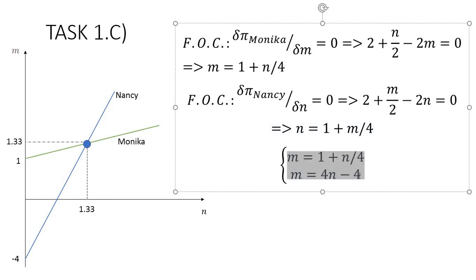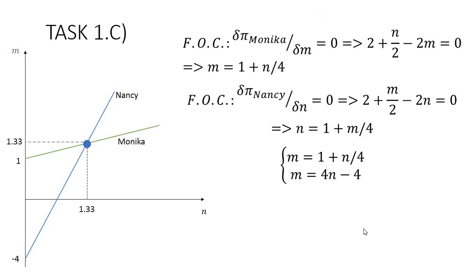Okay, this second function out of this function. I just put it in this way because then it's relatively easy to draw. So you see that the value of the intercept is going to be equal to -4, and the slope of this function is equal to 4. Just based on this logic.